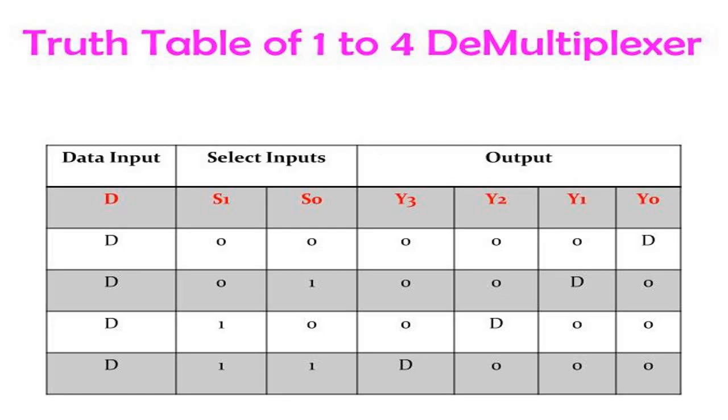So this is the truth table. When S1 and S0 are 0, Y0 is selected. When S1 is 0 and S0 is 1, Y1 is selected. When S1 is 1 and S0 is 0, Y2 is selected. When S1 and S0 are 1, Y3 is selected.